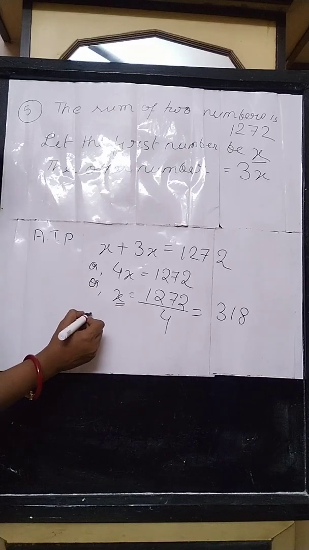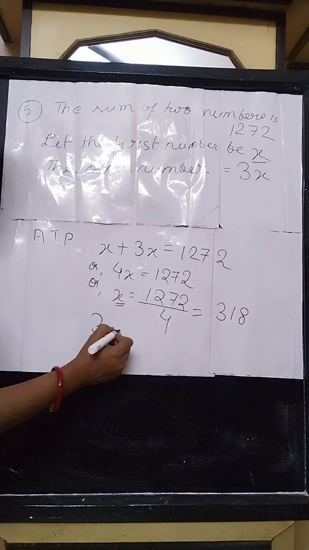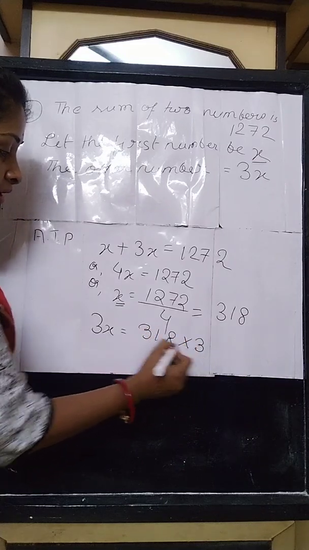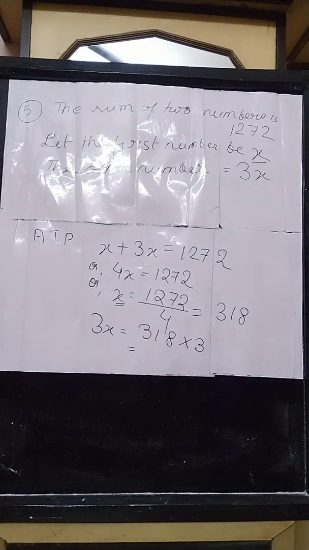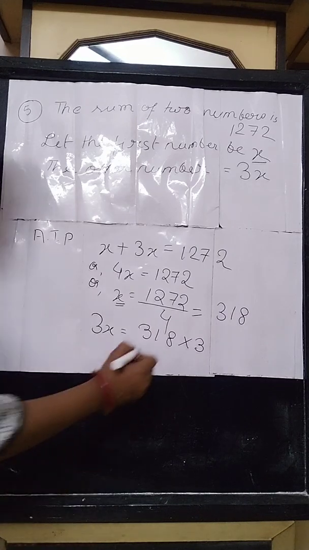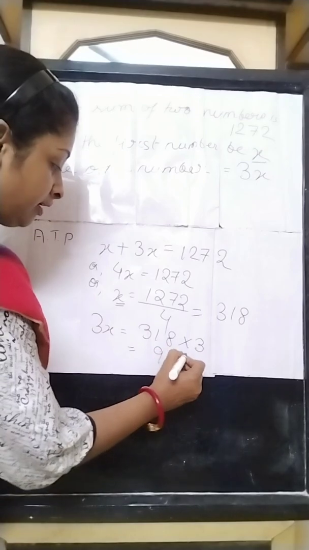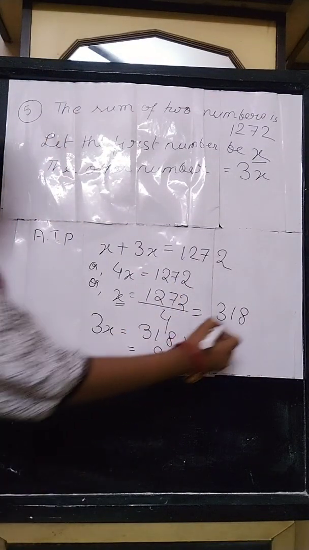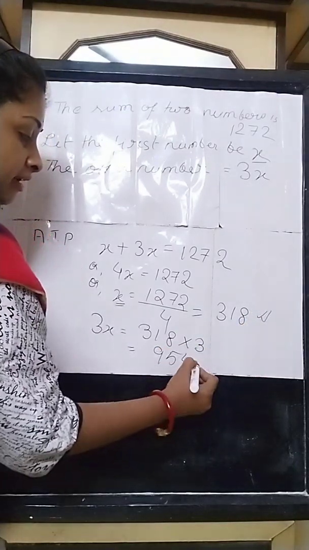So the second number, 3x, that is 3 into x, will be 318 into 3. If you multiply 318 with 3, you are going to get 954. So the two numbers are 318 and 954.